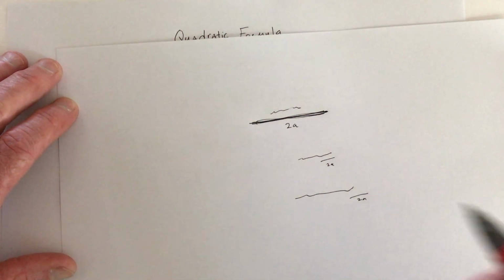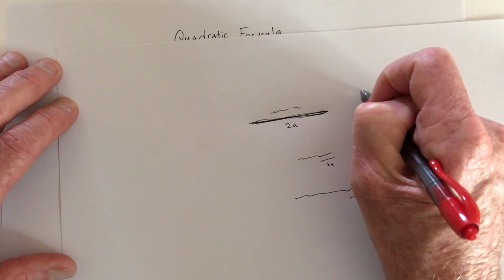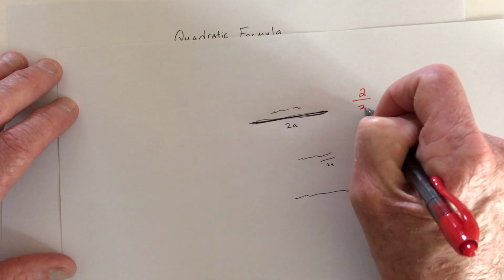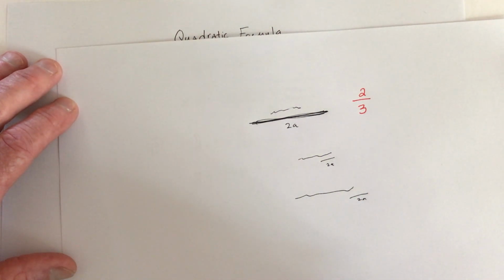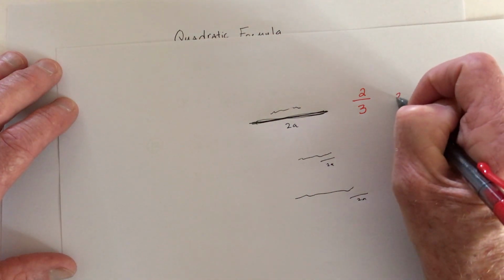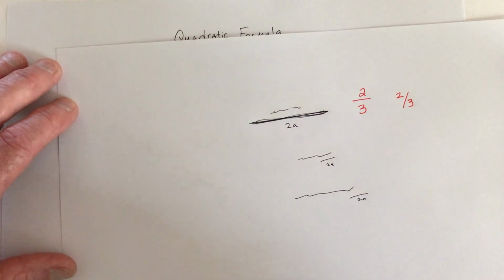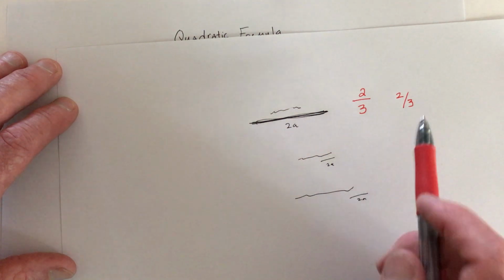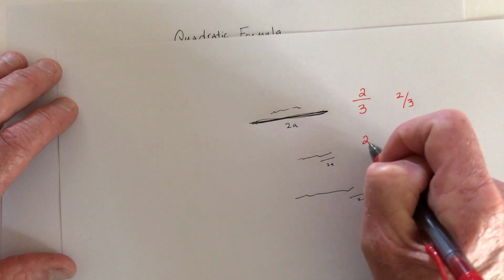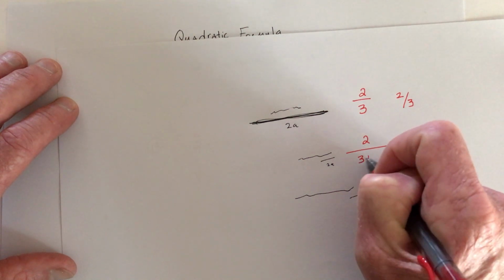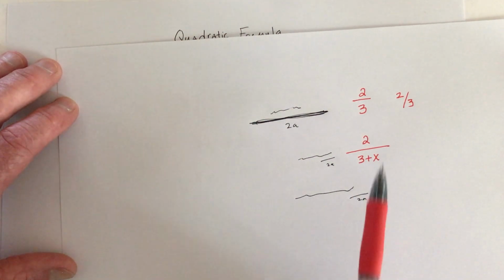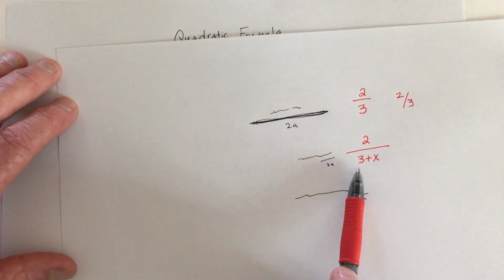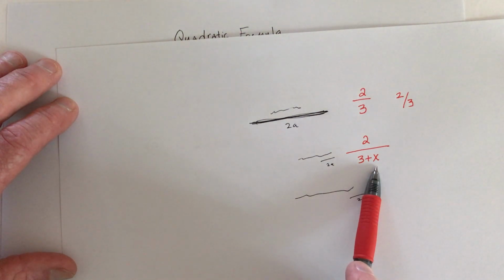While we're here, another quick pop-up ad: if you have 2 divided by 3, you should write the fraction like this. It is 100% legal to write fractions like this, but it's not a good idea, because if we have something like 2 divided by 3 plus x, the numerator is 2, the denominator is 3 plus x.